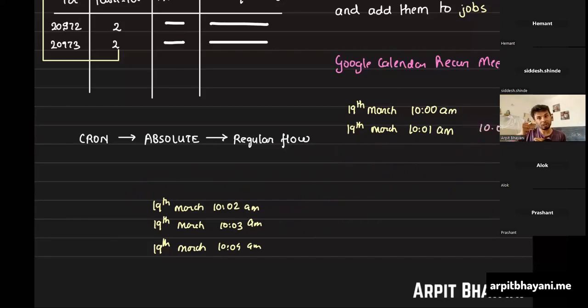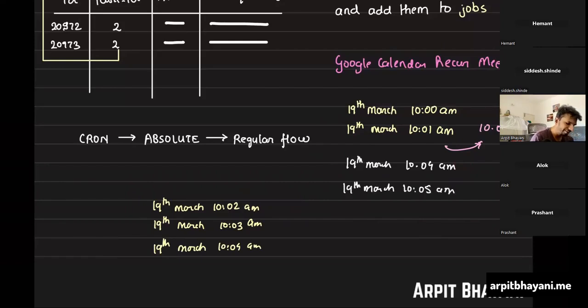Now, when this task runs at 10:03, the next iteration it would make an entry for would be 19th March 10:04 a.m. And then when that task picks up, it would make an entry for 19th March 10:05 a.m. and so on.